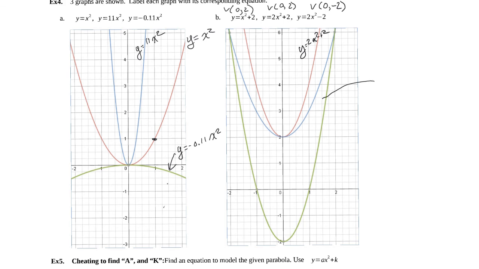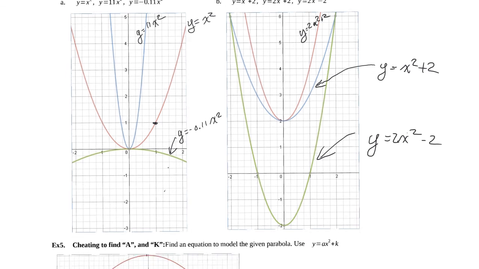And then this one here is going to be y is equal to x squared plus 2. And then finally, this last graph here is y is equal to 2x squared minus 2. And we're done. The reason why is because of the vertices and also the stretches of each graph.